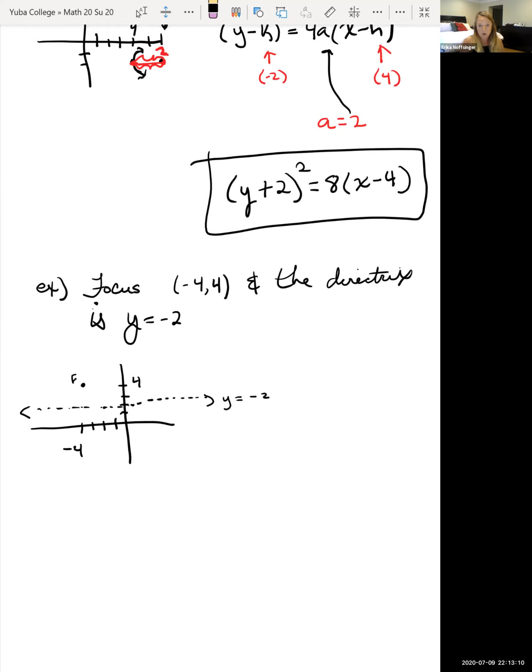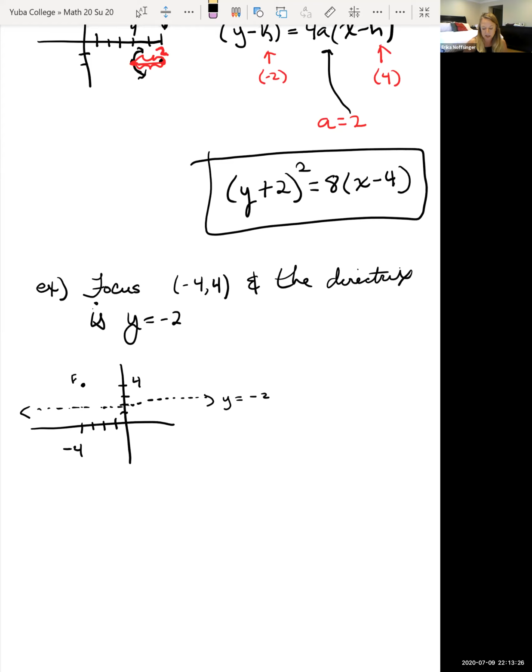So knowing where my directrix is, what way it's going, horizontal or vertical, and knowing where my focus is, I can tell which direction my parabola is facing. Again, the parabola is always facing towards the focus, away from the directrix.